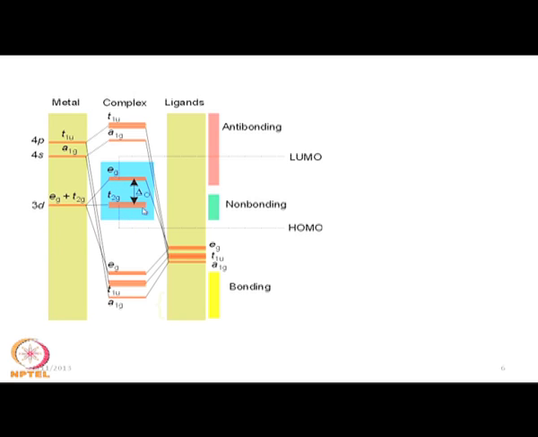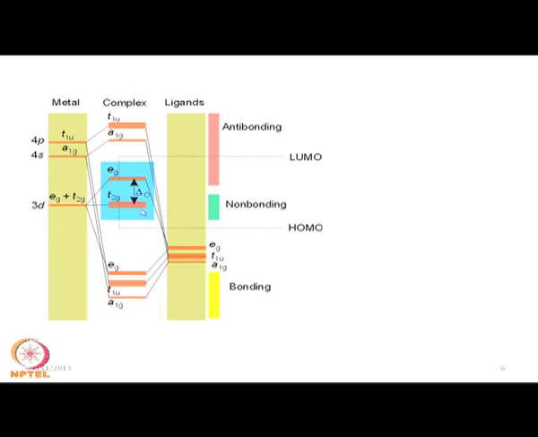What we have been considering for the crystal field interactions is that since we have the crystal field splitting, we have stabilization for the t2g level and destabilization for the eg level because of the head-on interaction from the eg orbitals, that means the dz square and dx square minus y square orbitals, and they are getting destabilized, and that is why they are of higher energy.